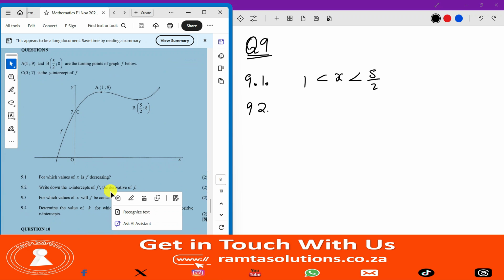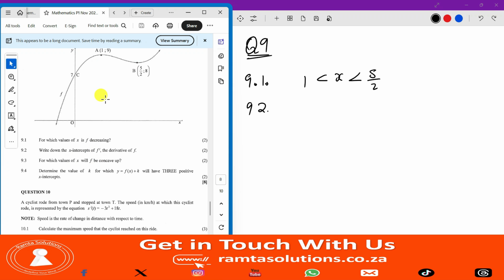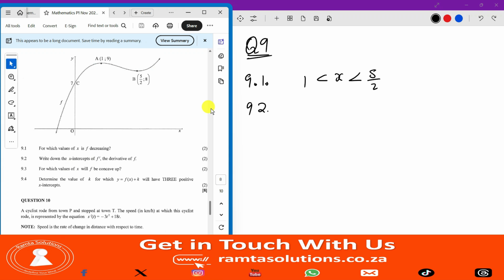So let's see. 9.2, write down the value or values of the x-intercepts of f prime, the derivative of f. So the x-intercepts, we know what they are. The x-intercepts of the first derivative are the x values of the turning points.